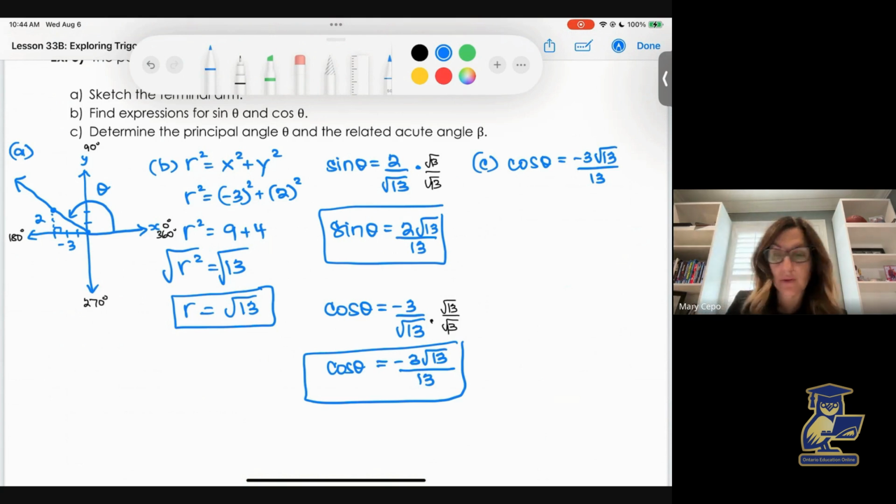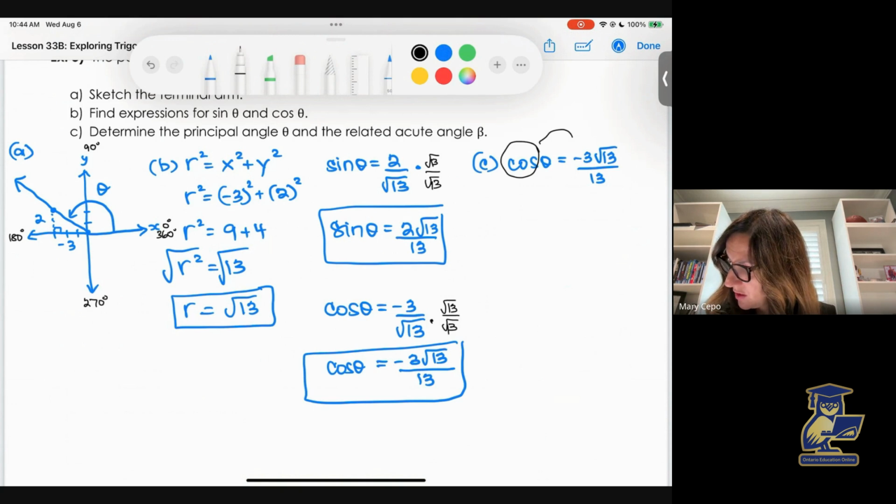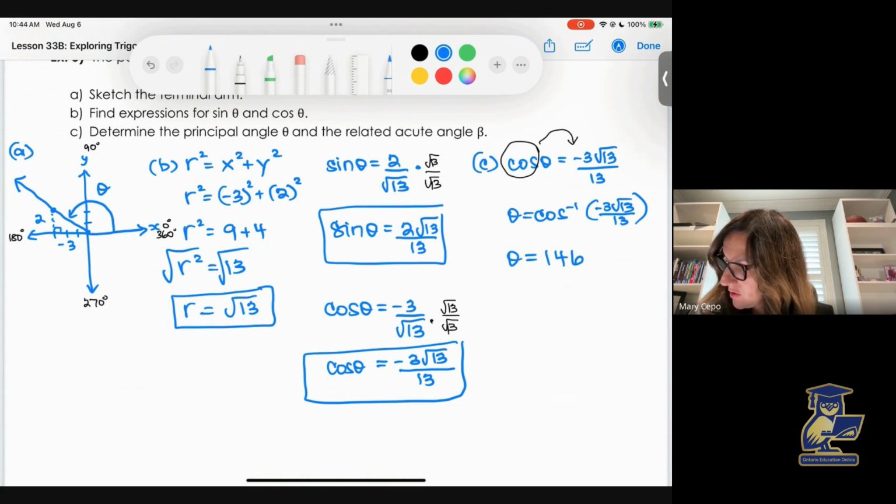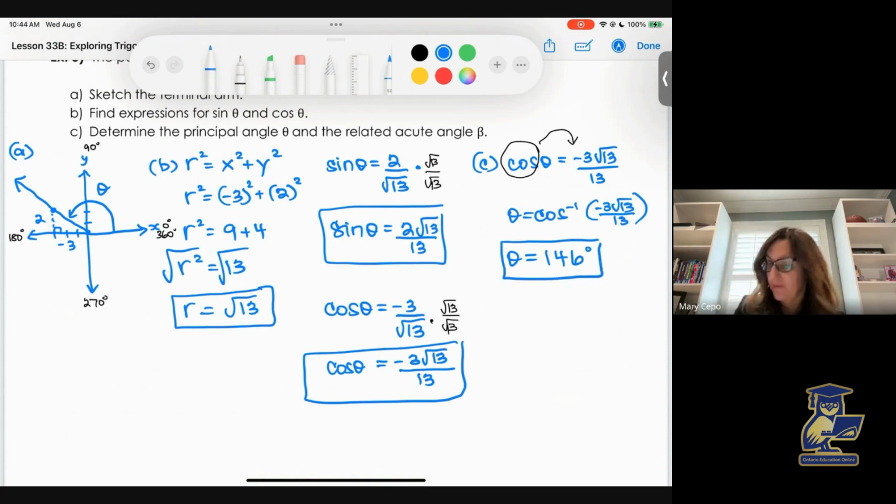Again, as we learned earlier, when we need to determine the angle, we bring the cos over to the right. So theta is equal to the inverse of cos, which is equal to about 146 degrees. We round to the nearest degree just to keep things simple.